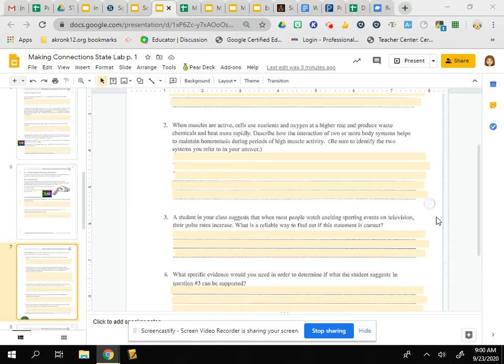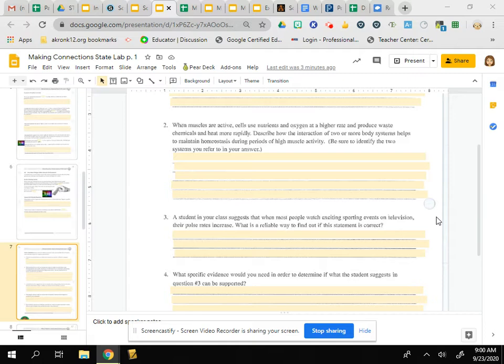Your nervous system helps with that. Your digestive system can help with that. Your excretory system can help with that. So I want you to think about, you're going to pick 2 of those body systems, and how are they interacting to help make sure your body can maintain homeostasis during periods of high muscle activity.